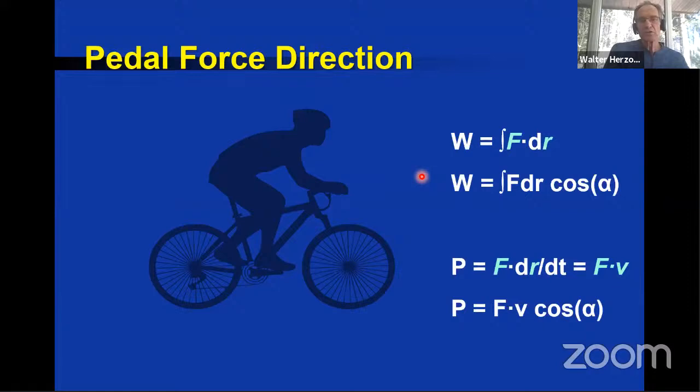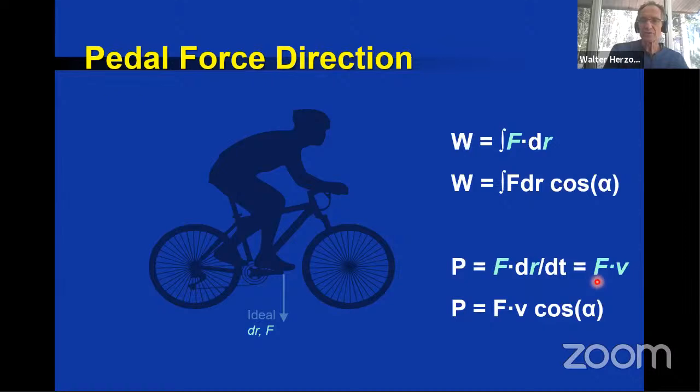It is important because people have argued that ideally you would like to always push the pedal exactly perpendicular to the crank. So if the crank here, let's say, is exactly in a horizontal position, you would like to push directly down. And this, of course, comes from the work definition or the power definition.